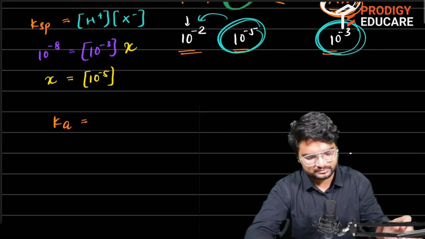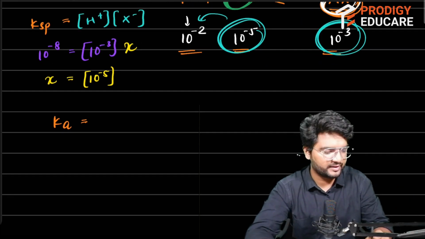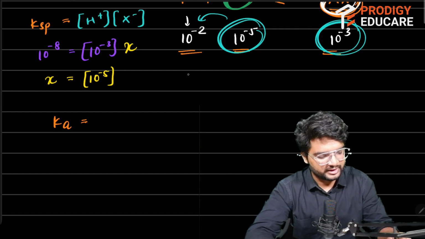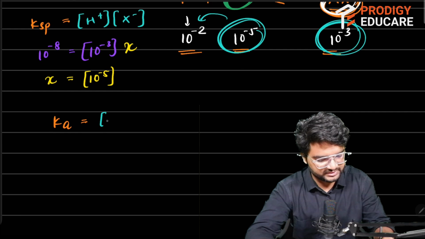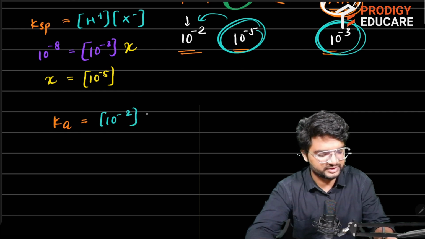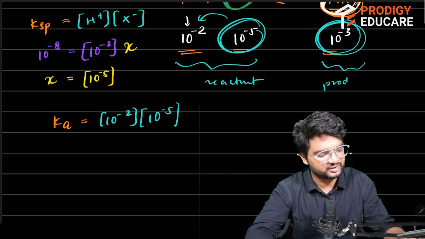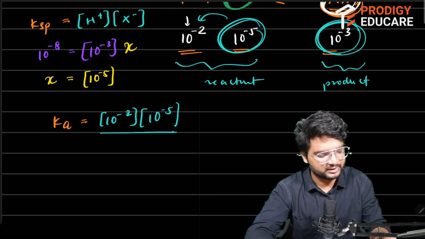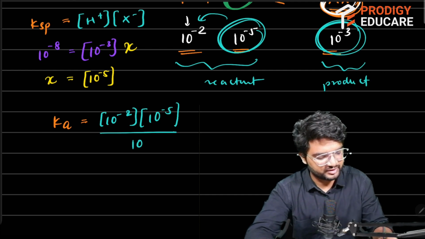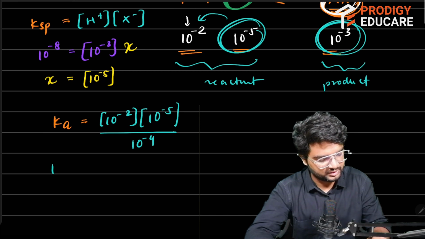Coming towards the Ka value, for Ka we use the concentration of reactants upon the concentration of product. The reactants are 10 raised to minus 2 and 10 raised to minus 5, and the concentration of product will be 10 raised to minus 3.